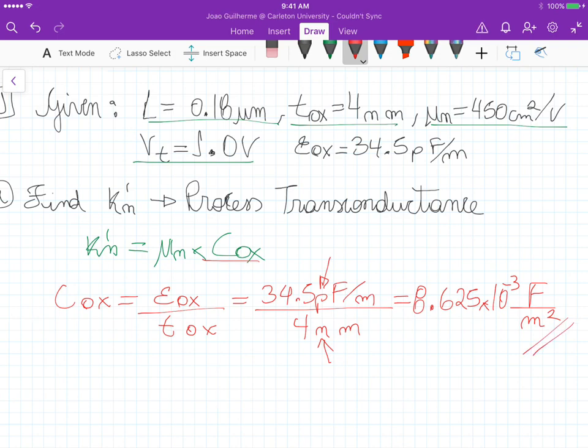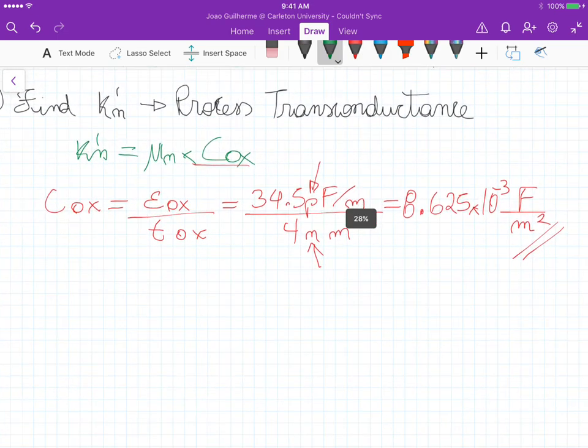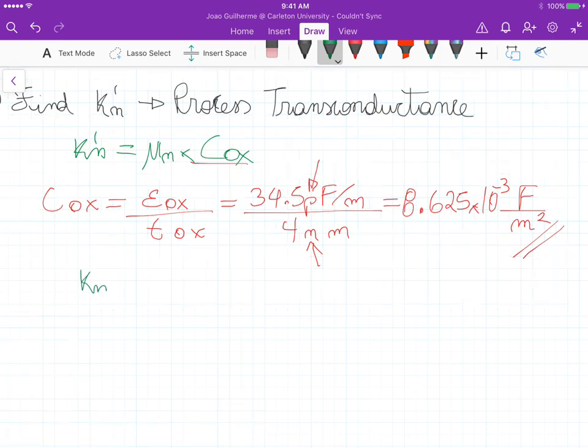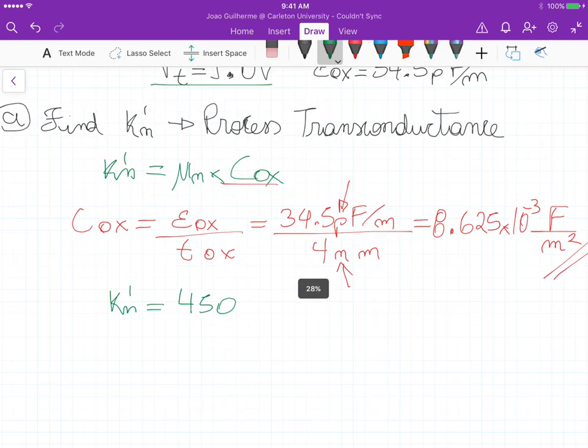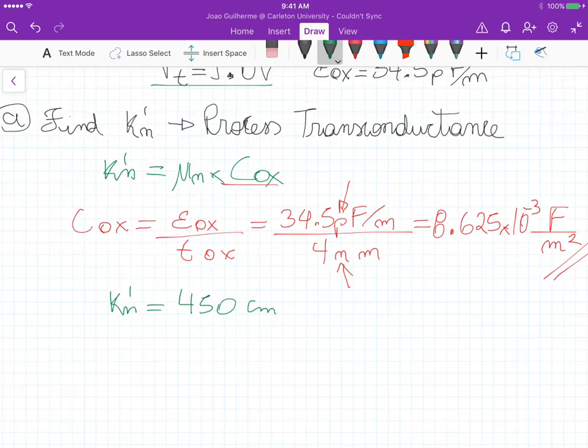Now that we have the oxide capacitance, we can calculate the process transconductance. This gives us Kn prime equal to those 450 square centimeter per volt second, and we need to convert that to square meter per volt second, so we multiply by 1 square meter divided by 10k square centimeter.